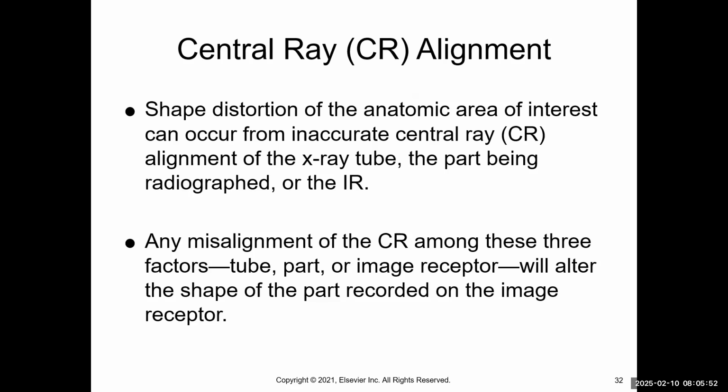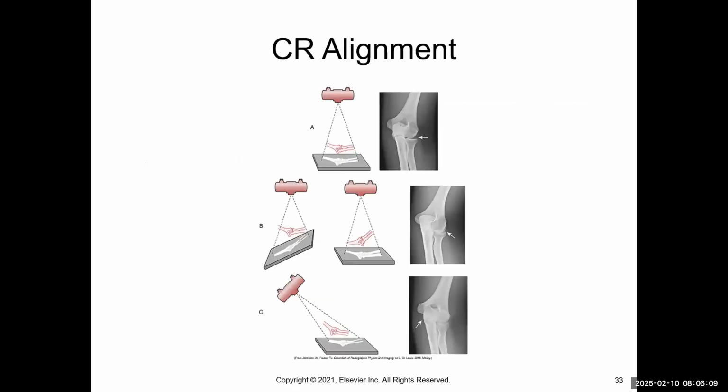So part parallel to IR, central ray perpendicular to both. That's ideal, generally. Any misalignment of those three things can alter the shape of the part being recorded on the IR. So it is important that we give an accurate representation of the part.